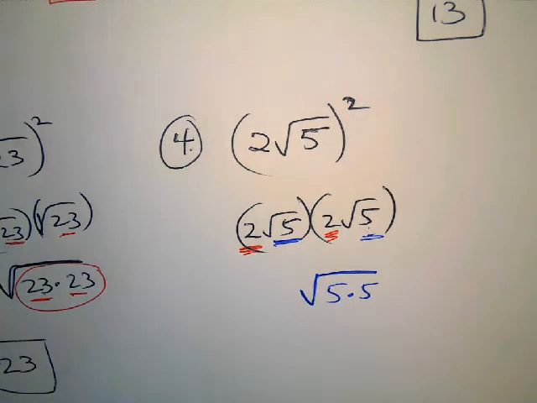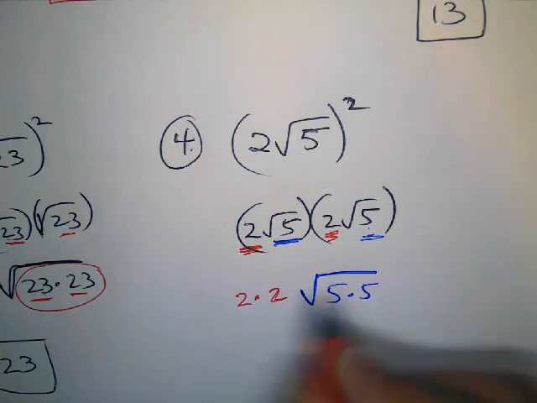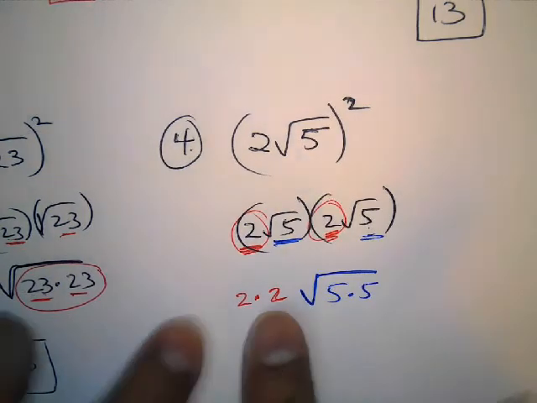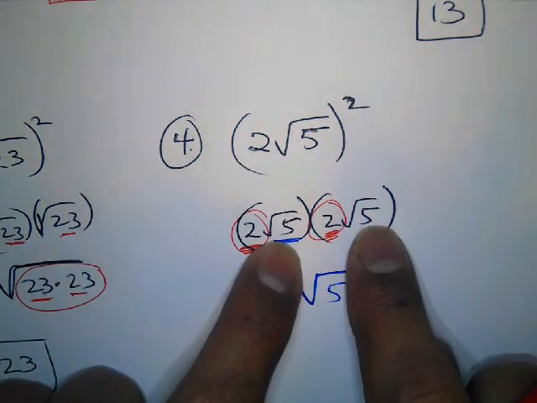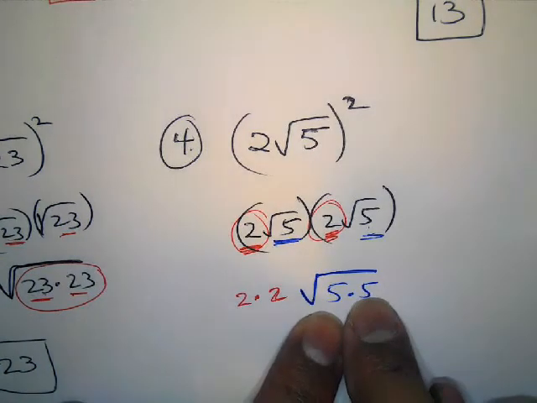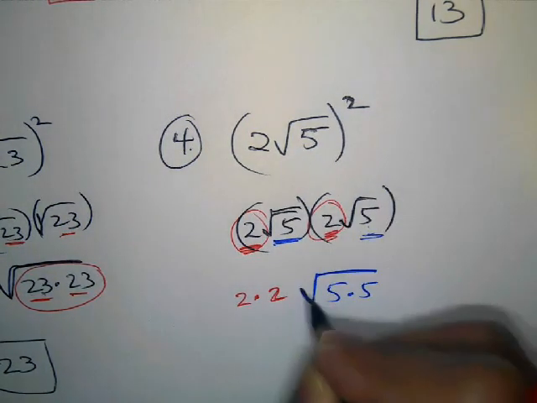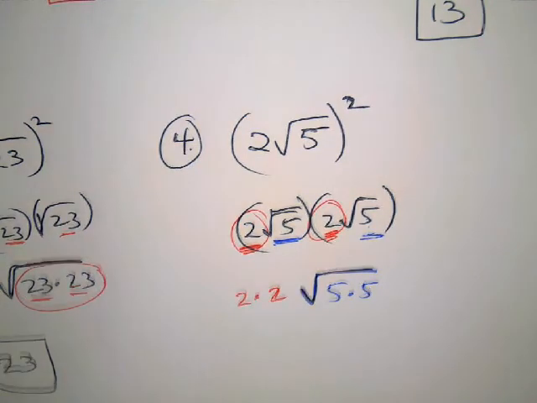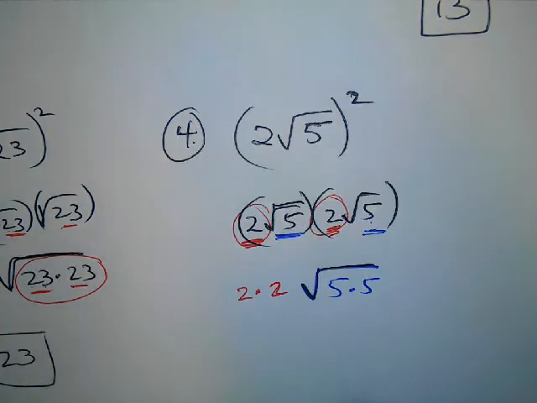No, there's 2 2's now. So the outside numbers, I'm multiplying them on the outside. These 2 outside numbers, I'm multiplying them on the outside. And these 2 inside 5's stay inside the square root, and those are going to multiply.